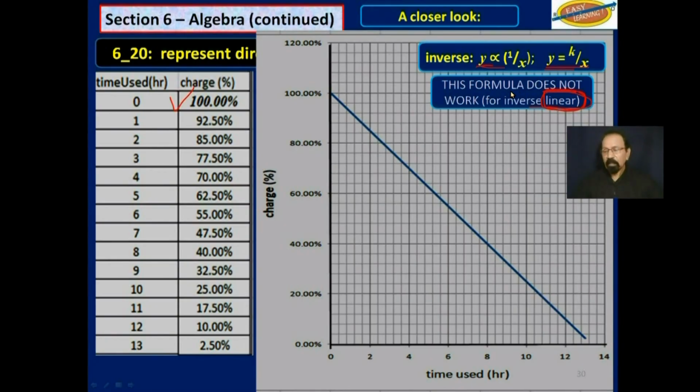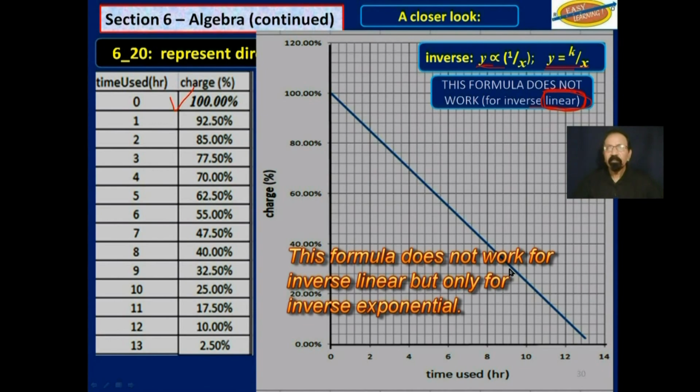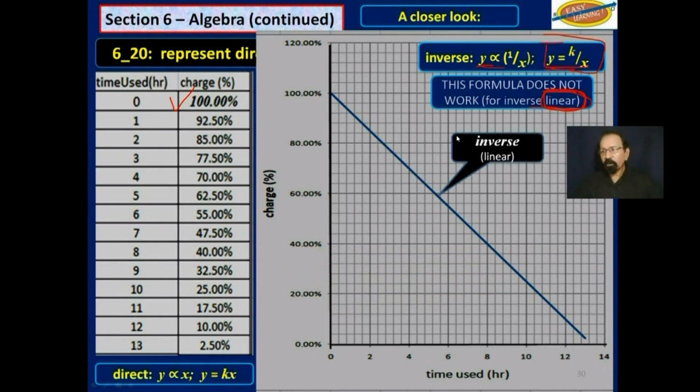One is inverse linear, and this formula does not work for inverse linear. Now, this is the formula for direct, and that works. So that red line there shows direct relationship. The blue one shows inverse. That formula does not work for inverse linear.